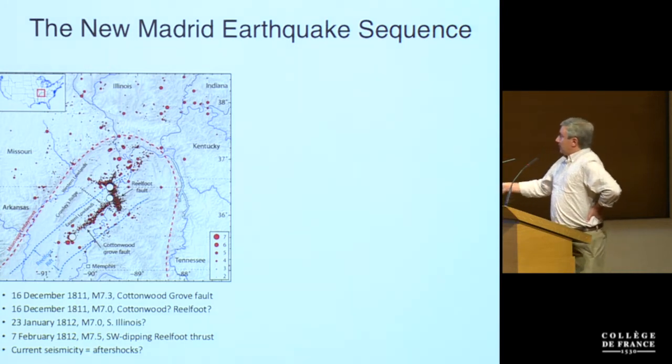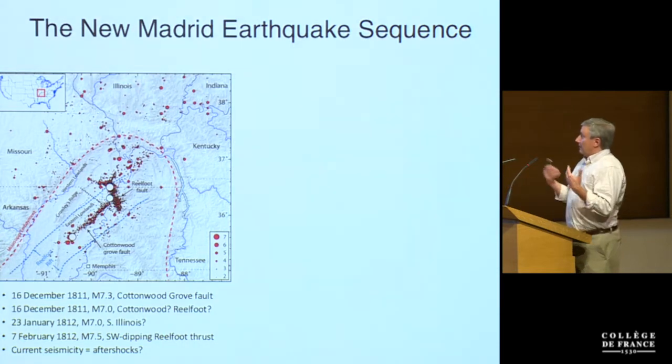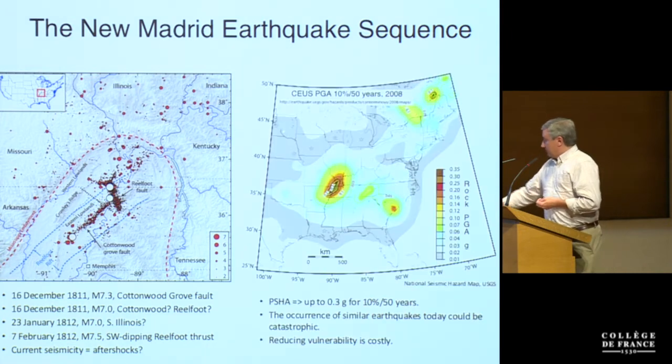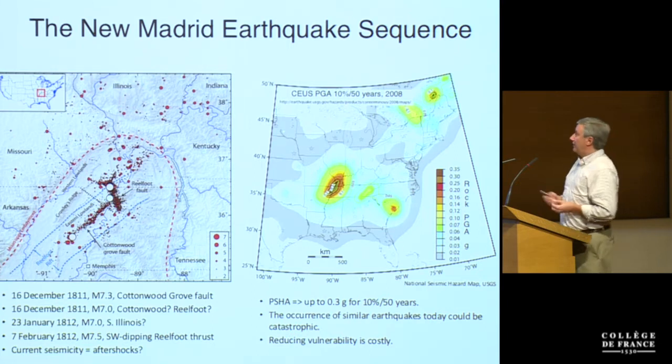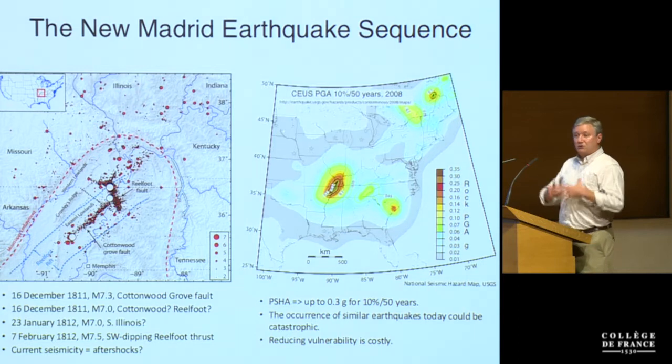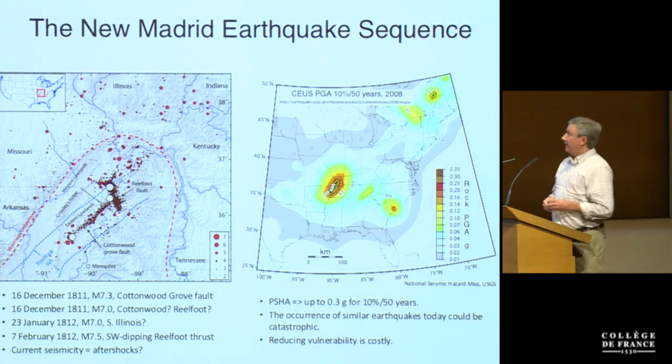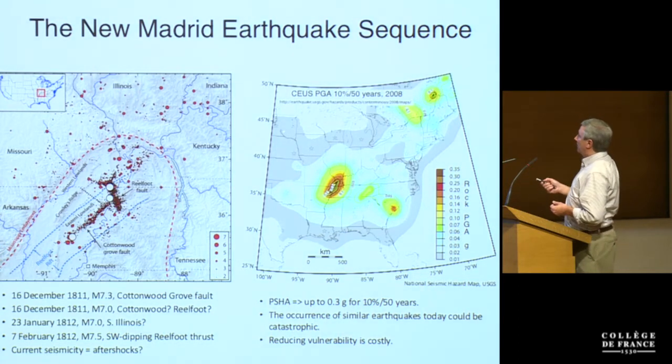And obviously, because this area is now very populated, much more so than it was in the 1800s, it's been the focus of intense scrutiny, in particular to better quantify the level of hazard that is associated with this kind of structure in the middle of a pretty flat part of the North American continent.